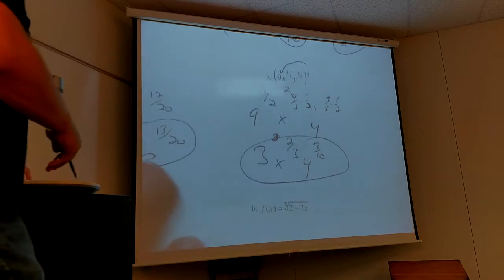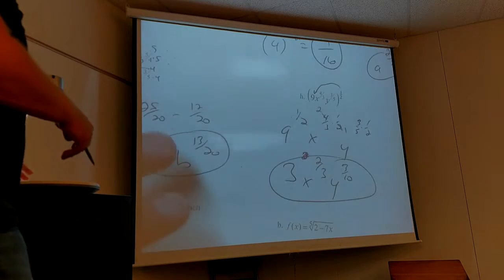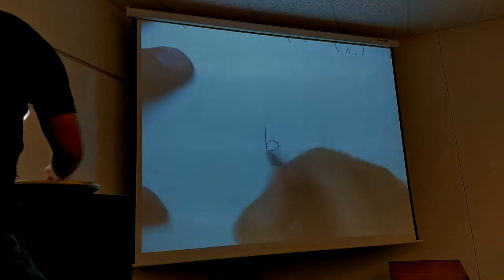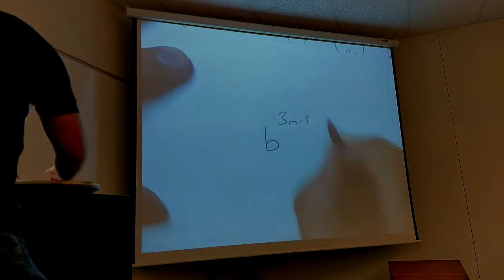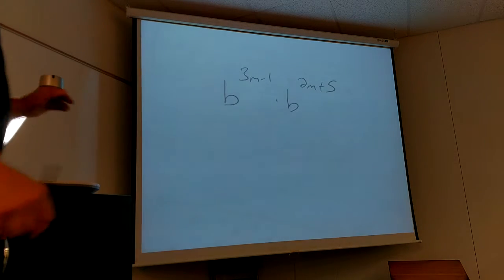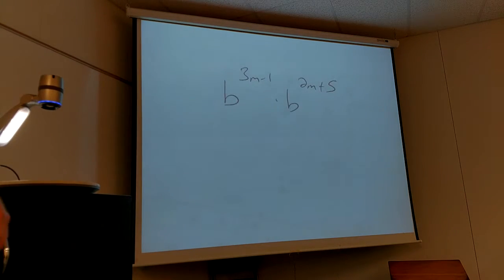So real quick, let me show you what would have been another bonus possibility for this. What is this? B to the 3m minus 1 times b to the 2m plus 5, so 5n plus 4?